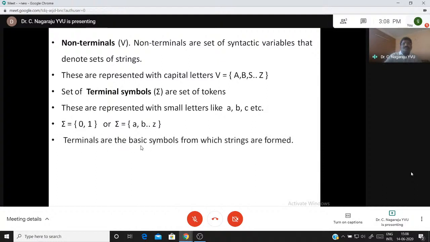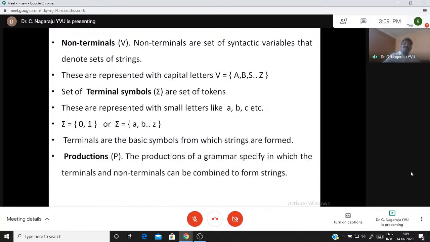The terminals are the basic symbols from which strings are formed. With the help of these terminal symbols only, we can form the string.